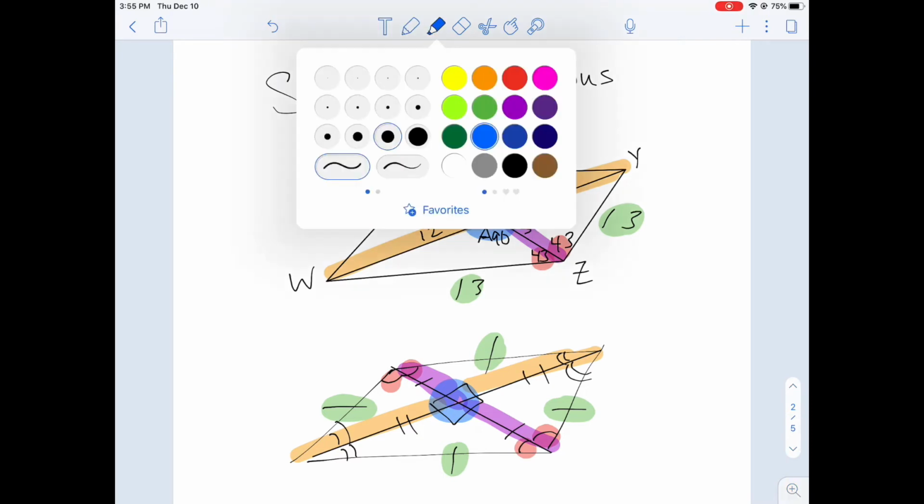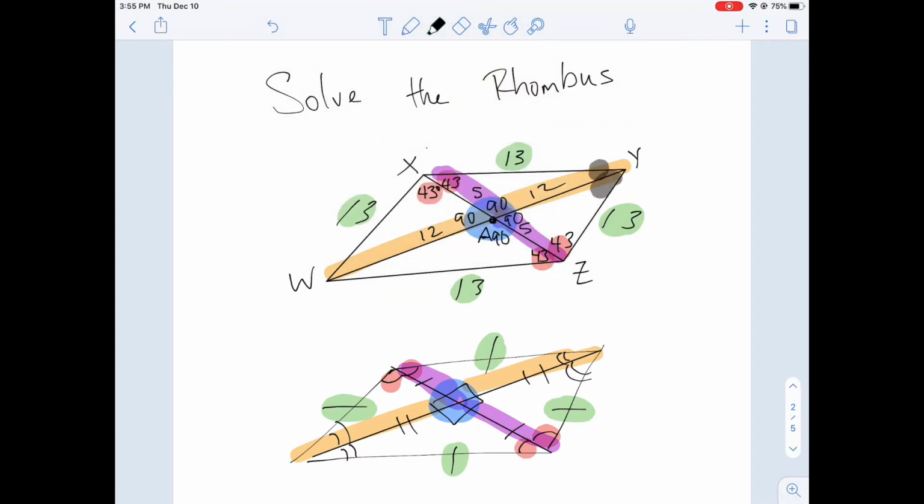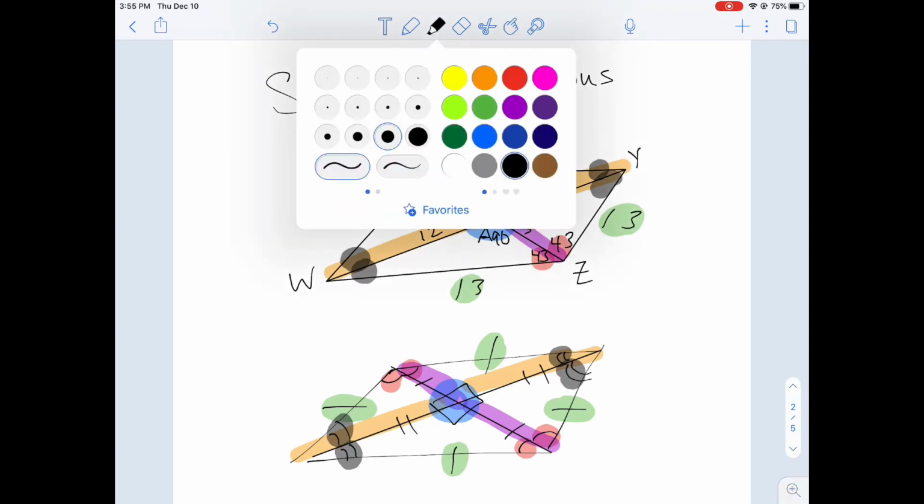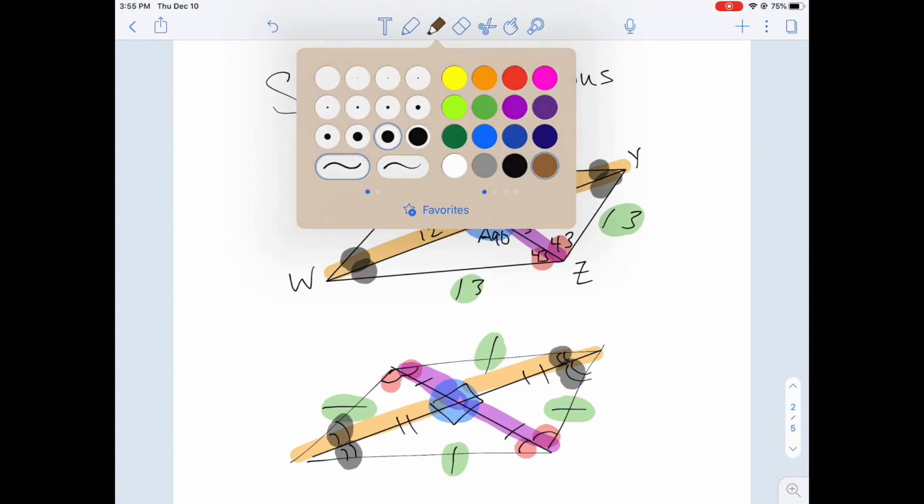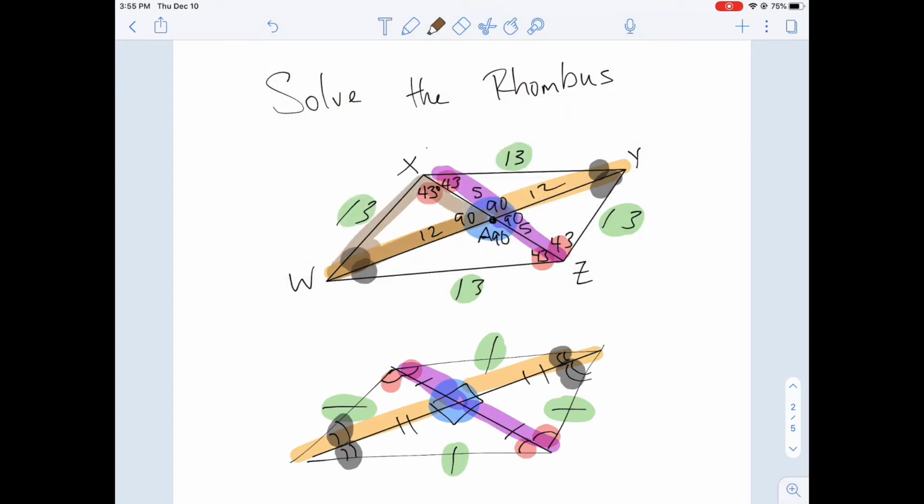All right, then we just have these four angles left. 1, 2, 3, 4. That's these here. Now, unfortunately, we don't know what any of those are, but as long as we solve for one, it's going to be the same everywhere else. But I do notice that this is a triangle. Triangles add to 180.